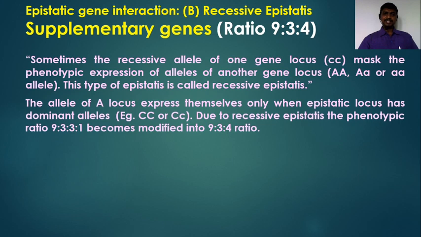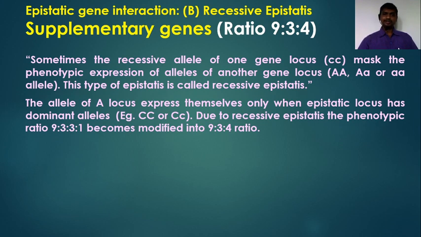If the epistatic locus has a dominant allele, for example capital C capital C or capital C small c, then this second gene gets expressed. So due to recessive epistasis, the phenotypic ratio 9:3:3:1 becomes modified into a 9:3:4 ratio.